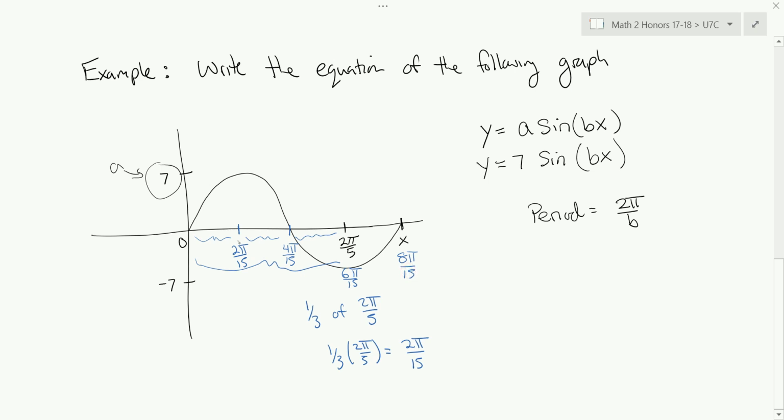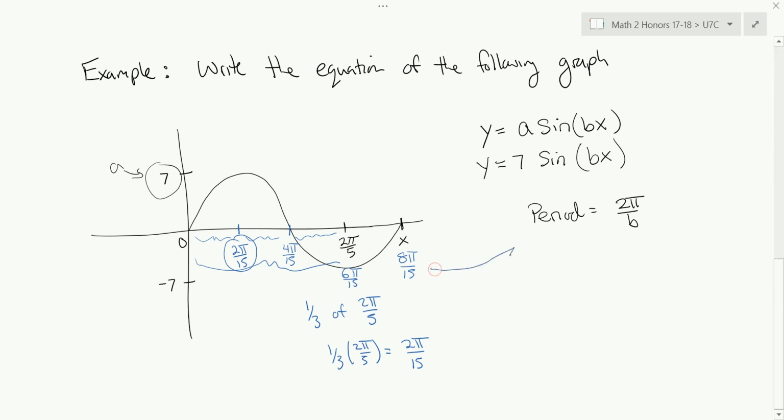So if you can find this value right here, that's what you count by. That's our increment that we can count by to find anything on the x-axis that we want. Okay, so I had to work backwards first by dividing by 3, and then I counted by 2 pi over 15. Now I know my period is 8 pi over 15.